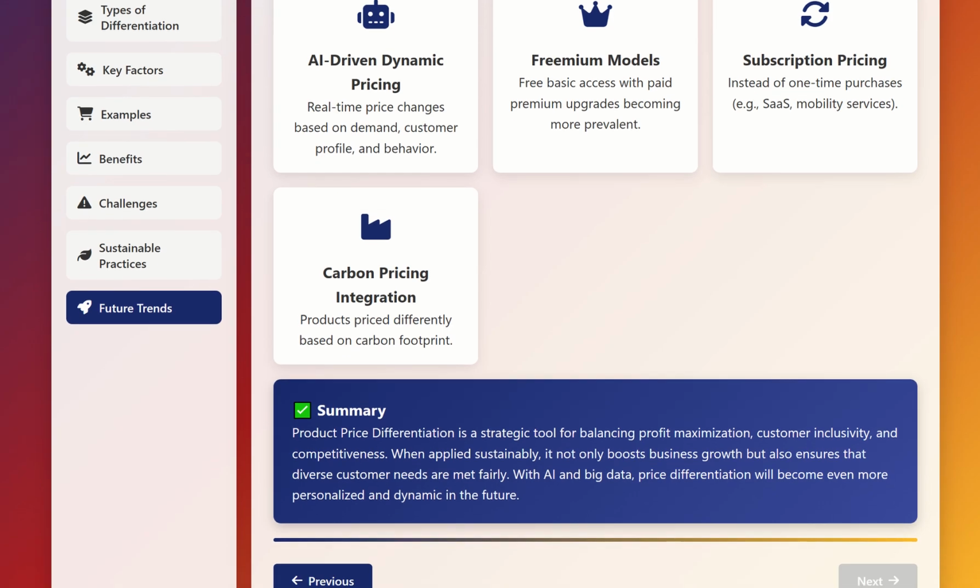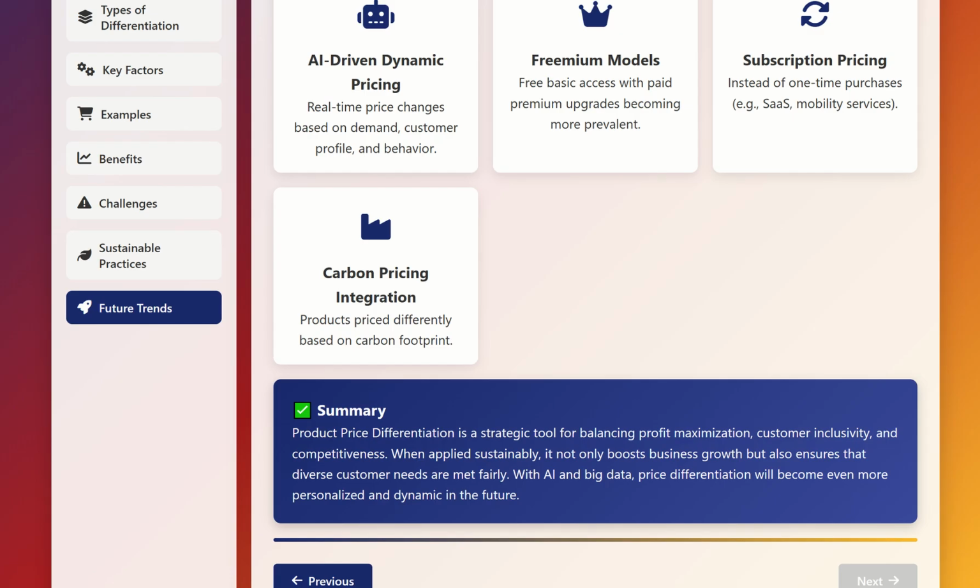In summary, product price differentiation is a strategic tool for balancing profit maximization, number one, with improving customer inclusivity and competitiveness. When you apply these strategies sustainably, it not only boosts your business growth but also ensures that diverse customer needs are met fairly, because you are looking at social responsibility.